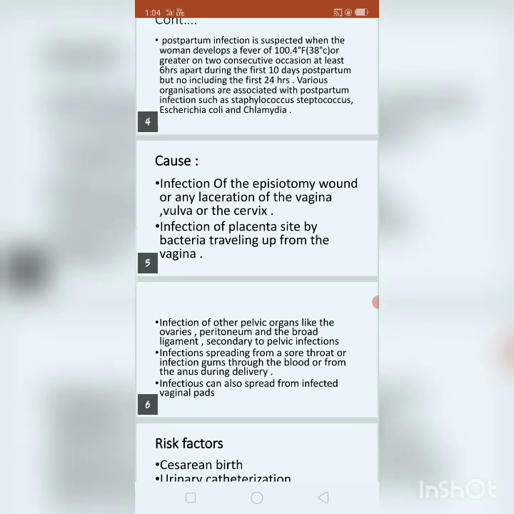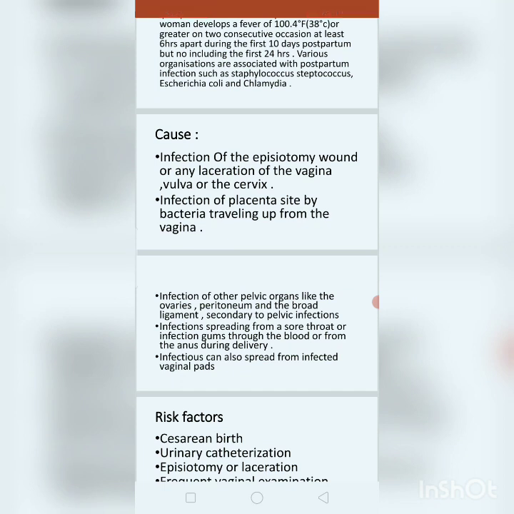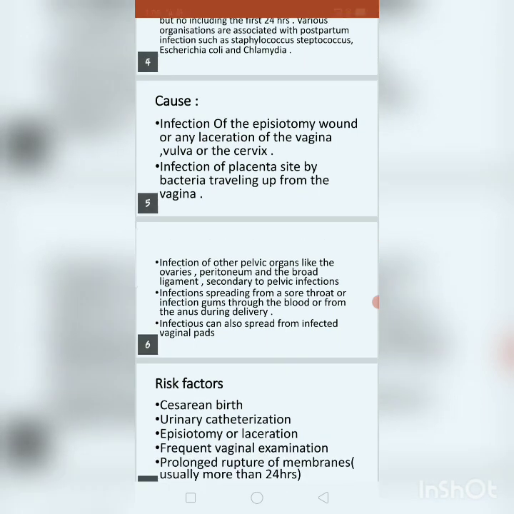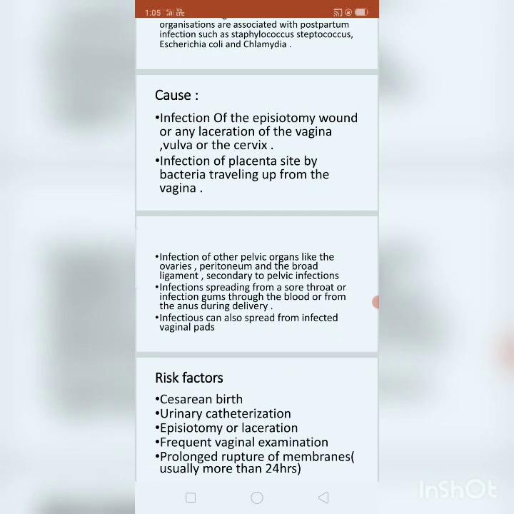Next is the infection of other pelvic organs like ovaries, peritoneum and broad ligament, a secondary pelvic infection. Next, infection spreading from a sore throat or infected gums, through the blood, or from the anus during delivery.